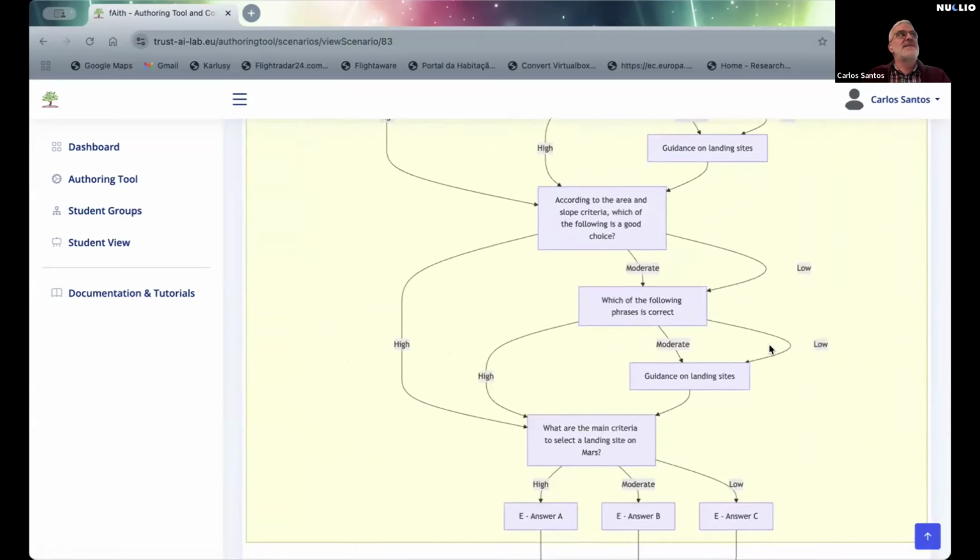Okay, this being an inquiry-based learning scenario, it's kind of a scientific method, and you know, or probably know, that in the scientific method, most of the time when you get things wrong, you are able to go back to the start, make a new hypothesis, and continue your path. So the real scientific method is a bit more circular, in the sense that you can go back and redo stuff.